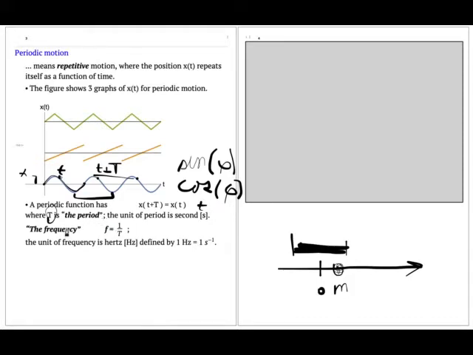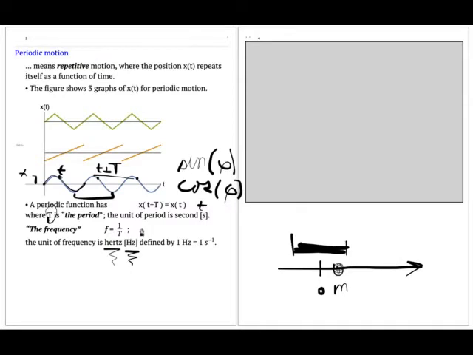So that's period. Then there's frequency. Frequency is 1 over the period. So let's say the period is 1/60th of a second, then the frequency is 60 inverse seconds, or you could say 60 cycles per second. Now that unit, cycles per second, oscillations per second, is called the Hertz, named after the German physicist Heinrich Hertz, and abbreviated Hz.